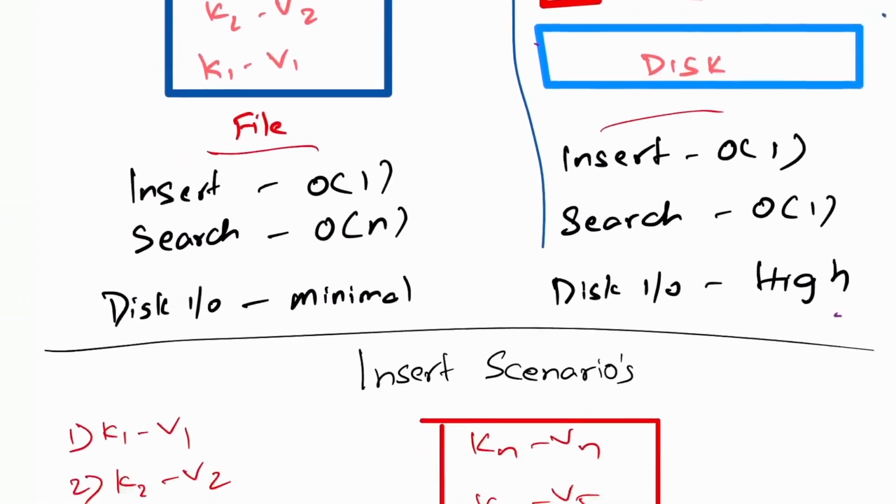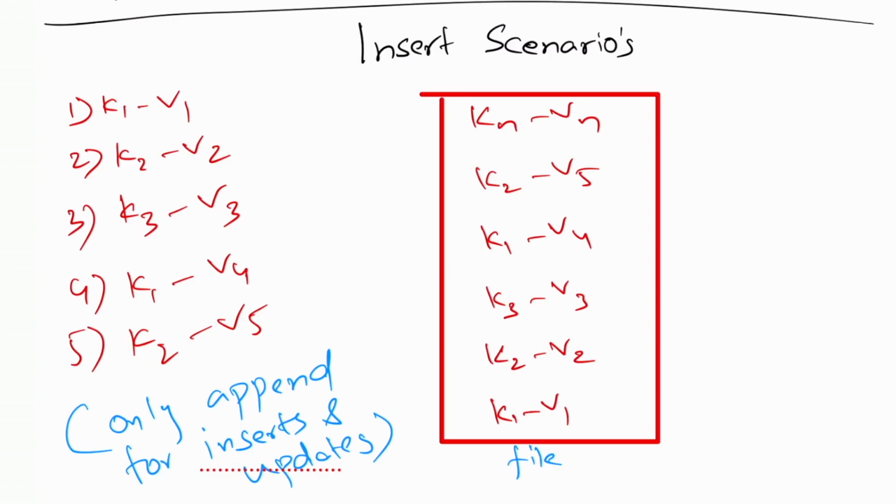Before we get there, let's quickly go through a sample insert and update scenario and see how a file would look after a series of inserts and updates. Let's say we insert K1V1, we add K1V1 to the file. Then we insert K2V2, it's added to the file. We insert K3V3, it's inserted to the file. Now, when we want to update the value of K1 to V4, we don't come here and update the value to V4.